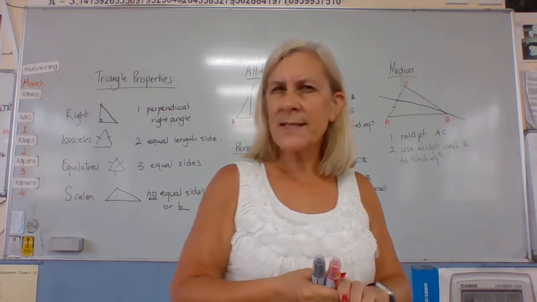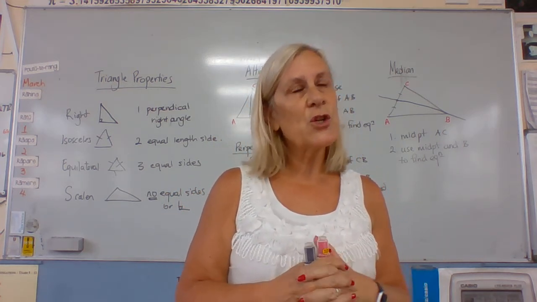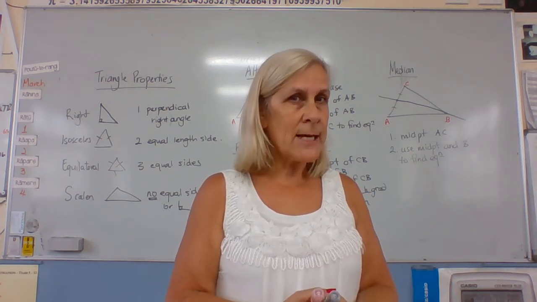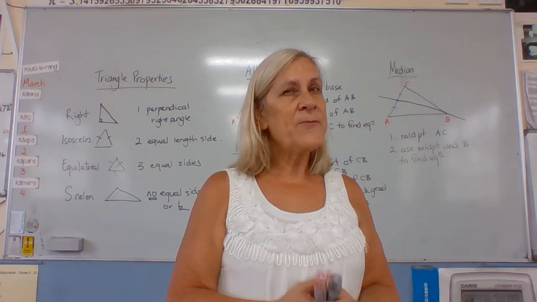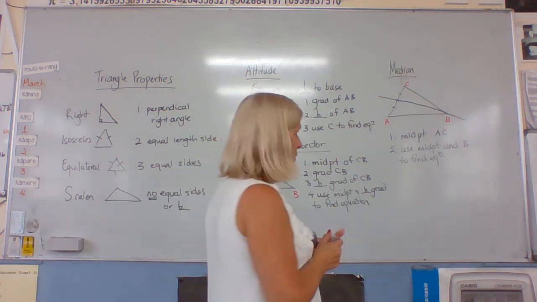We have a lot of other things that we have too. If you want to go and find out some more things, you could investigate orthocenters, circumcenters. There's 4 different centers, all related to circles and triangles.